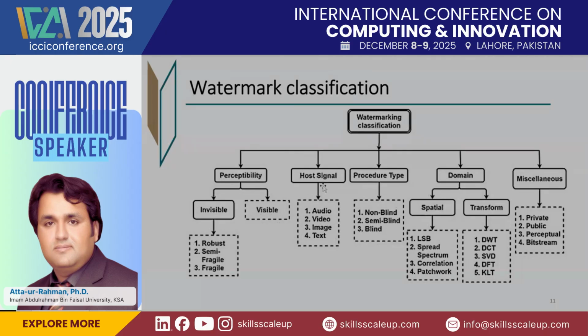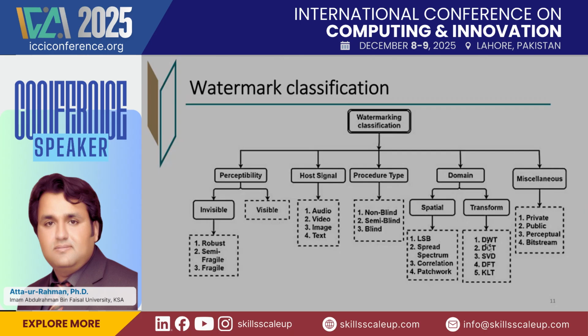In terms of host signals, we can have audio, video, image, and text. These could all potentially be host signals. The type of procedure that we apply could be non-blind, semi-blind, or blind, depending on the way we extract the watermark at the receiver side. There are two domains where the watermark can be embedded. The spatial domain contains the least significant bit method, spread spectrum method, correlation, and patchwork method.